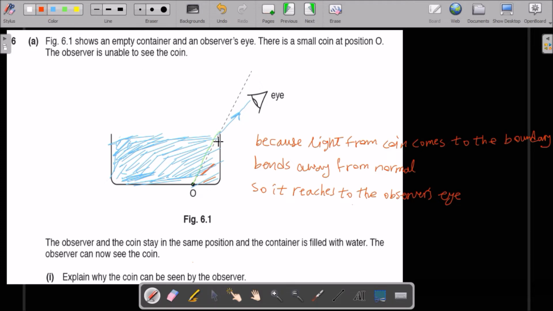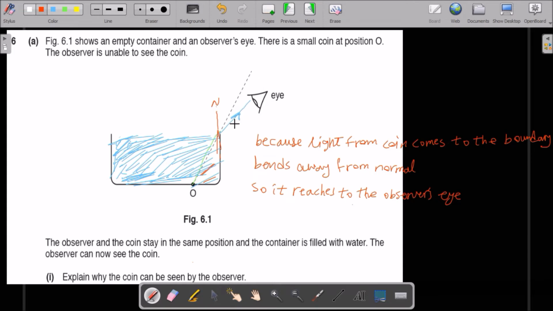So suppose this line is a normal, the refracted ray goes away from the normal. So remember that if a ray comes from a denser to a less dense medium, at the boundary, first of all, it is refracted, and second of all, it goes away from the normal in the less dense medium.